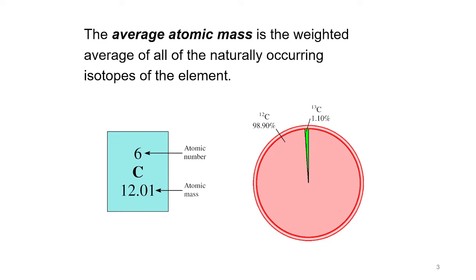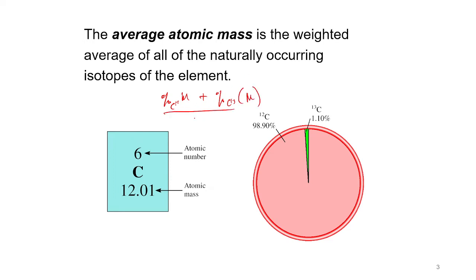The weighted average will be the percentage of the isotope, let's say carbon 12, multiplied by its mass. Then we add that to the percentage of carbon 13 multiplied by its mass.